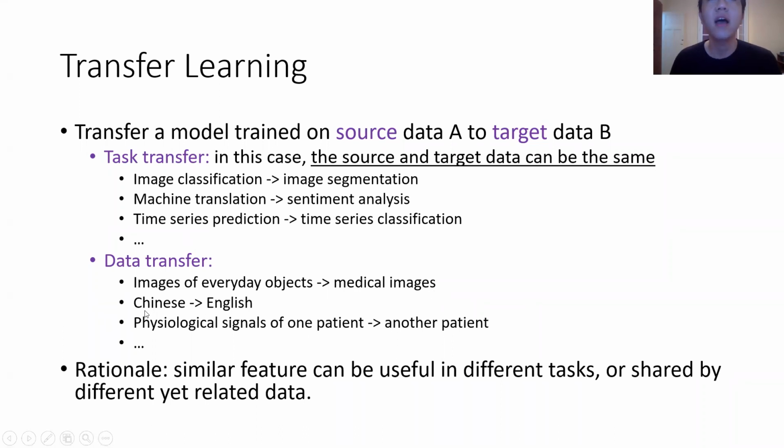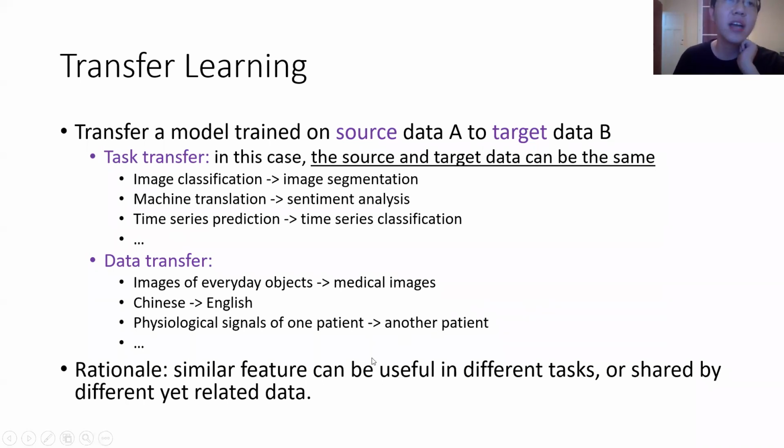Also, if you have a text mining model for Chinese, maybe you can adapt it to English. Also, in biomedicine, maybe you have physiological signals for one patient and a monitoring algorithm for this patient, and you can transfer it to another patient.